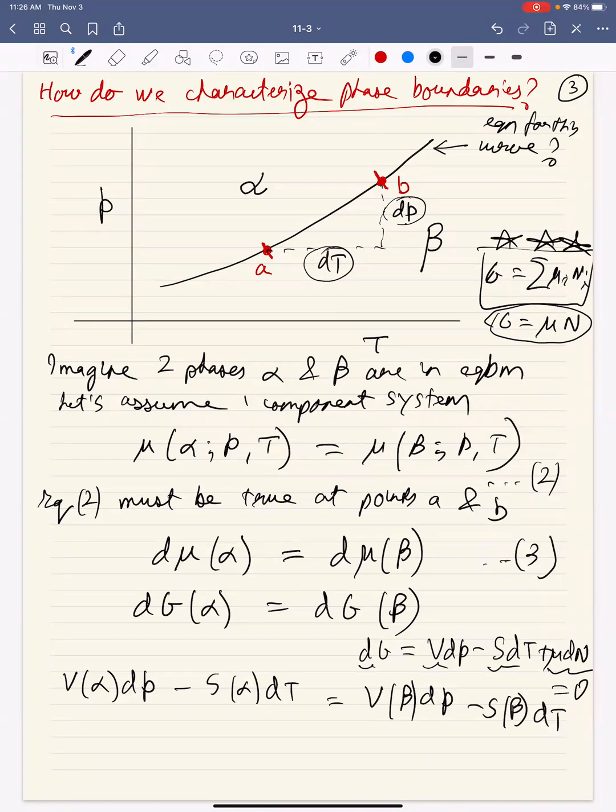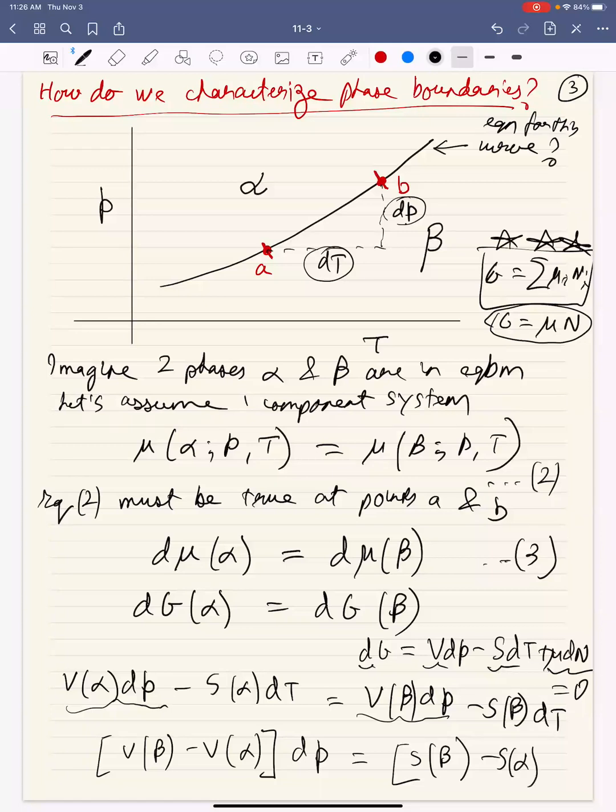We can move all the pressure terms to the left side and all the temperature terms to the right side. So we get V of beta minus V of alpha, multiplied by dP, is equal to S of beta minus S of alpha, multiplied by dT.